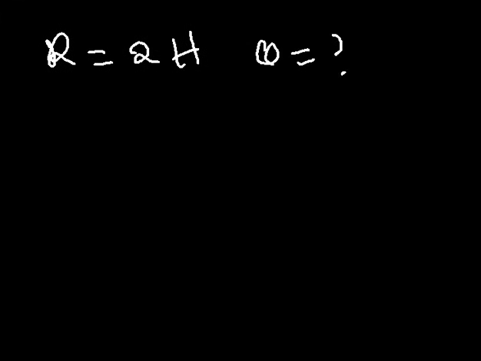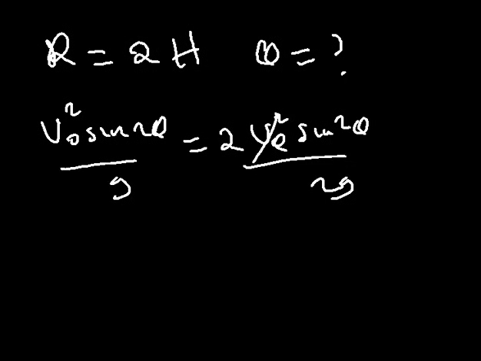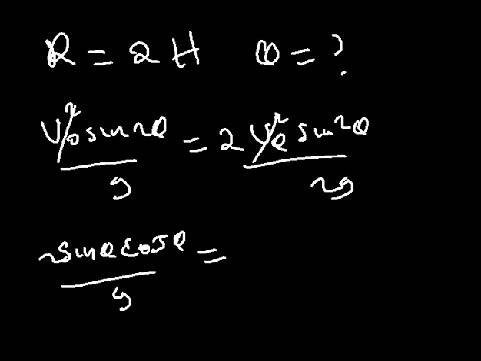So the range is v naught squared sin 2 theta divided by g, and the height is v naught squared sin squared theta over 2g, and for this case this and this will cancel. And sin 2 theta is the same as 2 sin theta cos theta over g, and the g's also cancel as well.